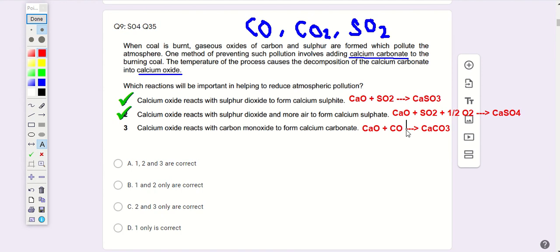So this is not correct. If I need another 1 O, I need to add another half O2. But this statement didn't say more air like statement number 2. So the third one is not correct because this equation is not balanced. So the answer is that only 1 and 2 are correct. B.